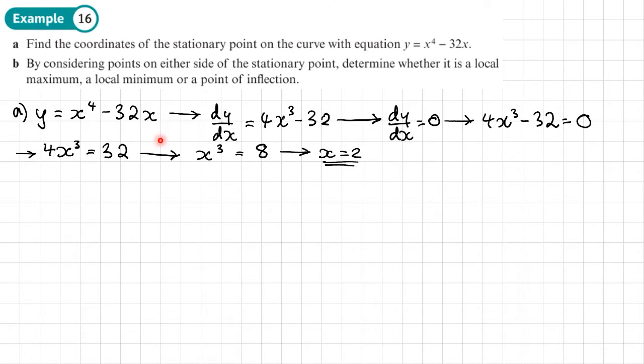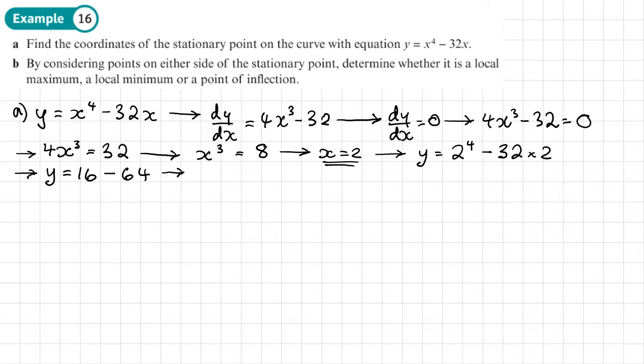Okay, we need the coordinates of the stationary point. We've only got the x coordinate, we want the y coordinate, and to get the y coordinate we'll put x equals 2 into the equation. So that'll be y equals 2 to the power 4 minus 32 times 2. 2 to the power 4 is 16, 32 times 2 is 64.